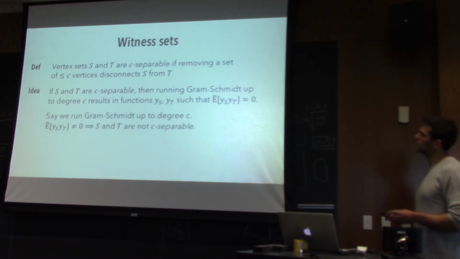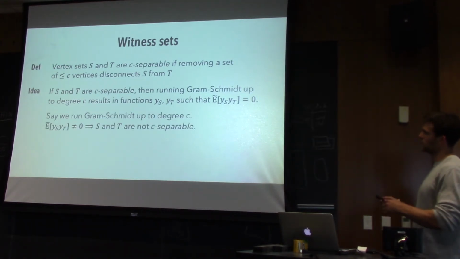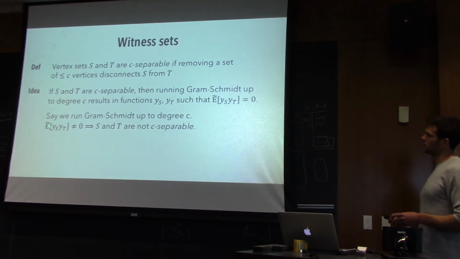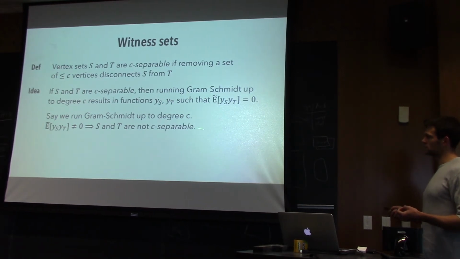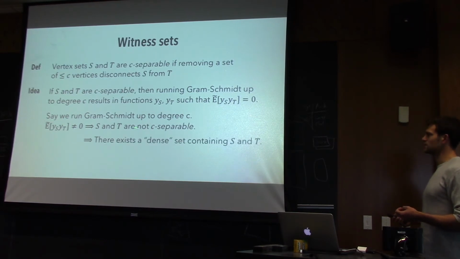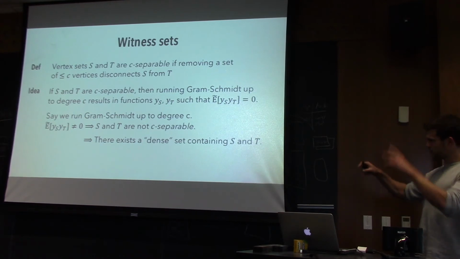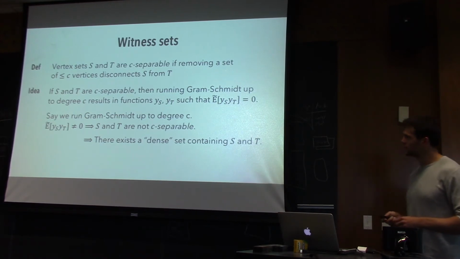That's the hope. And so you flip that around and you can say, okay, say we run Gramschmidt up to degree C and we get that the basis functions are not orthogonal, then that must mean that these sets are not actually C separable. So intuitively that means there should be some kind of dense set containing S and T. They're really well connected, with all these different paths between them.